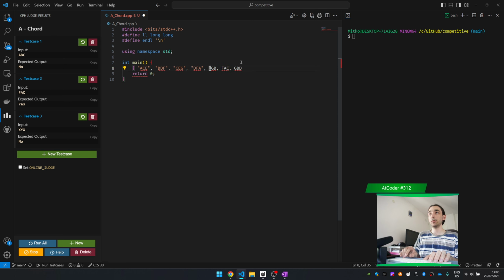There is a find and replace feature you can use for this, but this is fast enough.